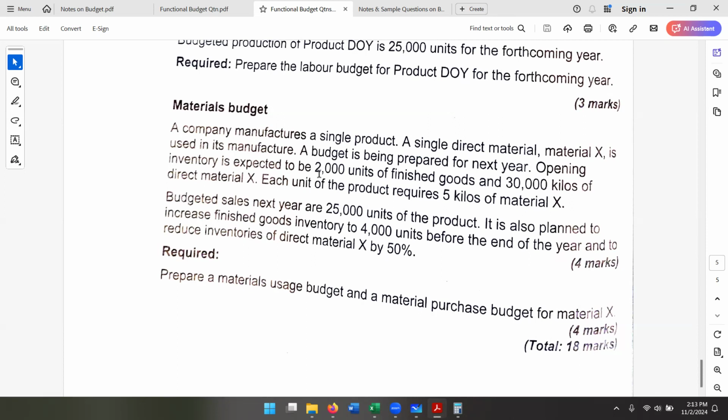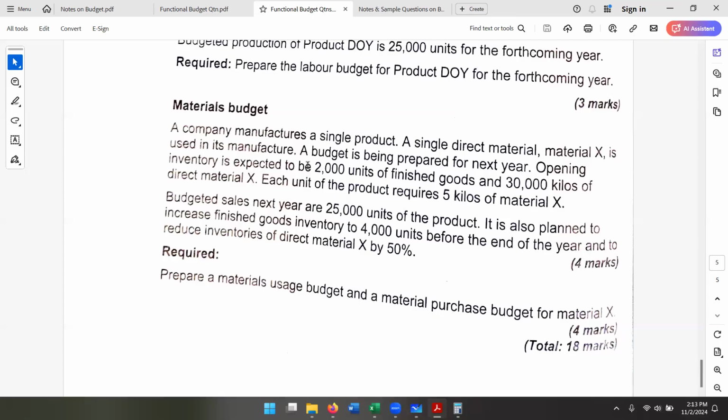It is also planned to increase finished goods inventory to 4,000 units before the end of the year and to reduce inventories of direct material X by 50%.